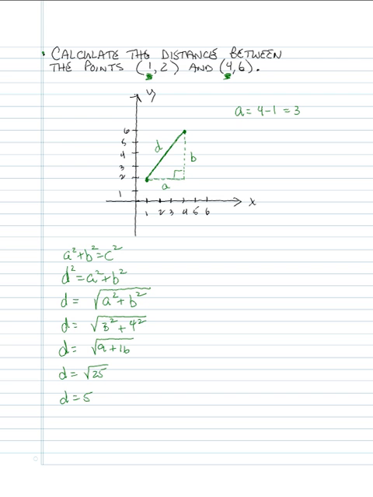And of course that makes sense as we look at the diagram, okay? Because the point that's right here has the same x value as the second point, that's 4, and the point here has the x value of the first point because it is the first point. So we actually could have calculated a by just saying the absolute value of one x value minus another x value, which would be 3.